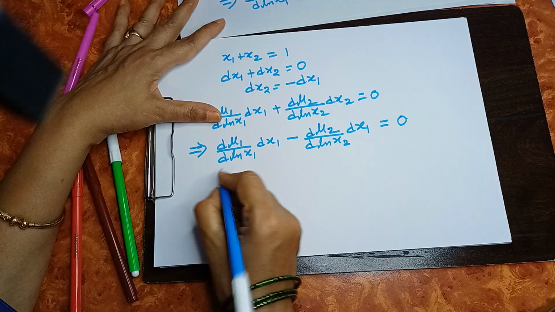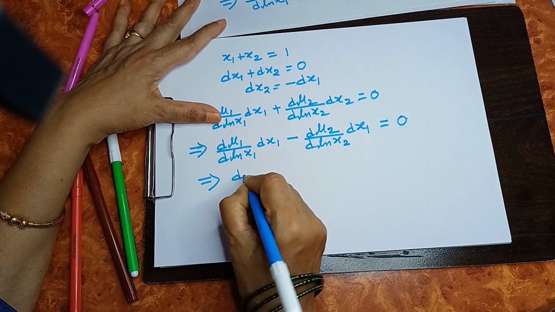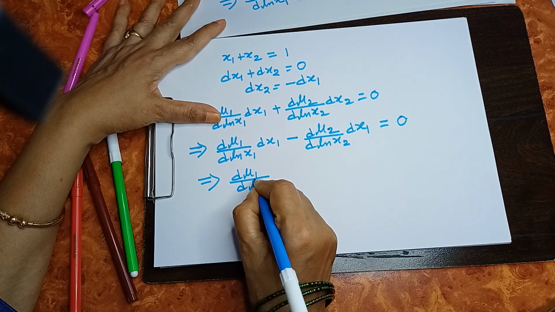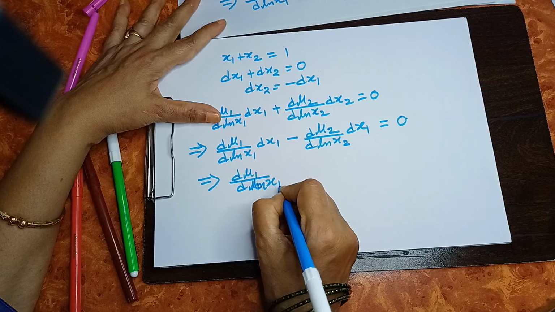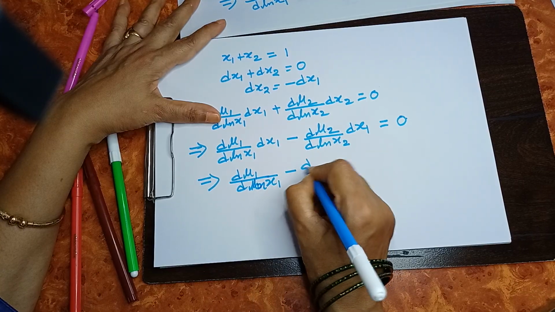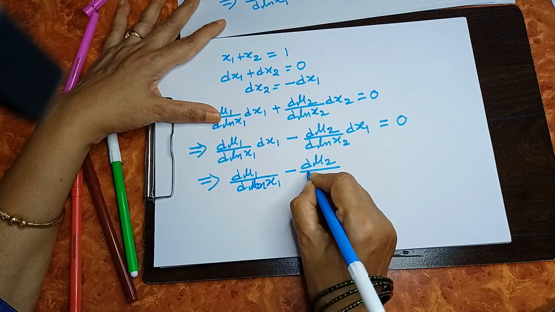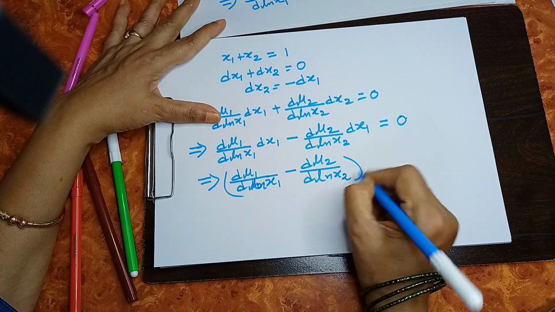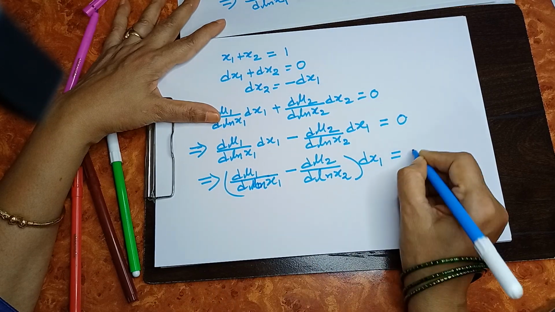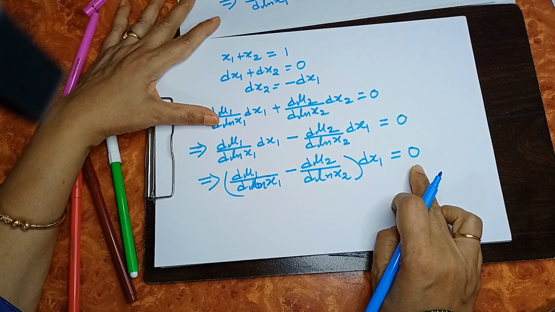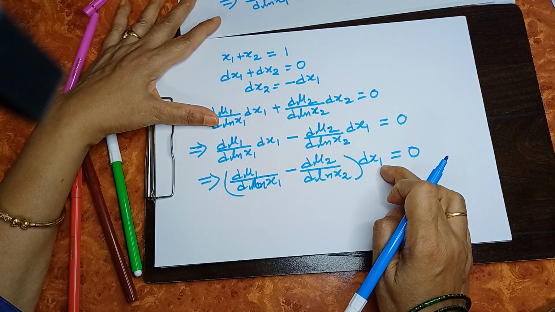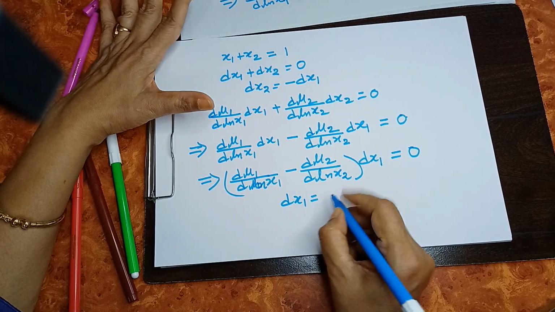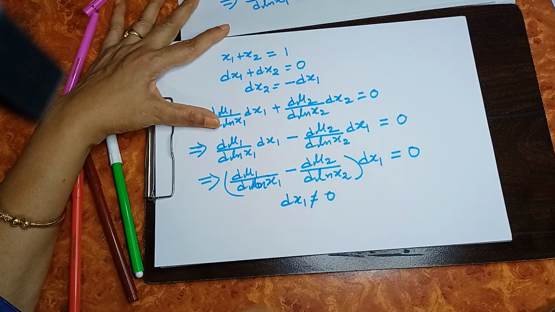Now if I take dx1 common, then it will be d mu 1 by d ln x1 minus d mu 2 by d ln x2, times dx1, is equal to 0. This indicates that either this term is 0 or dx1 is 0. But dx1, the derivative of x1, cannot be equal to 0.